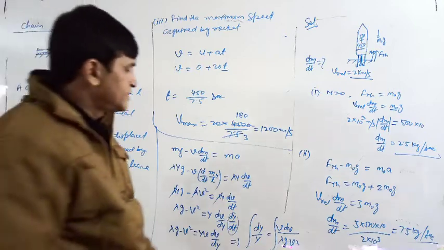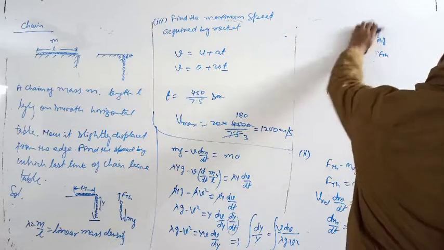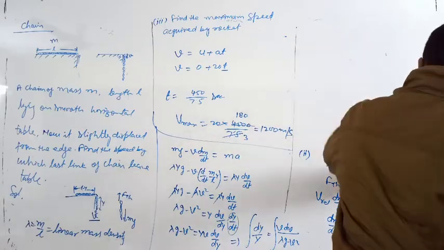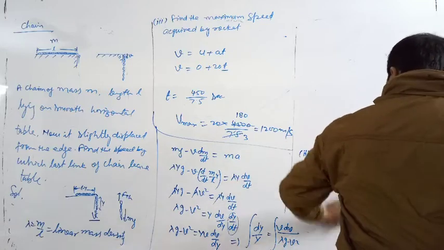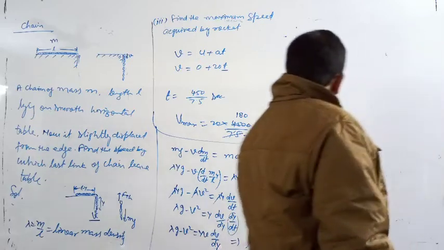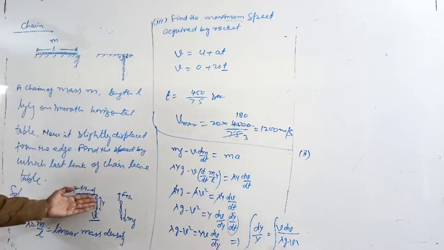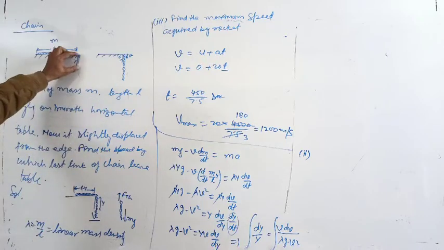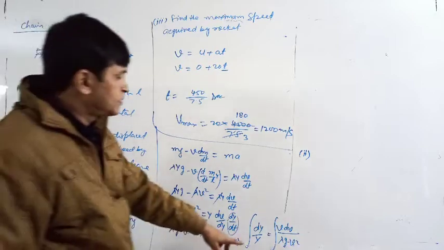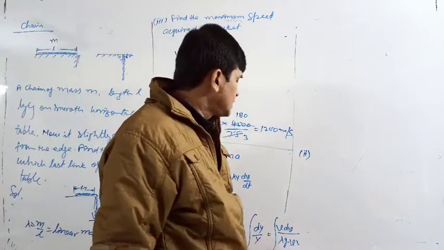Now simplify. The range of y: earlier the suspended mass was 0, so the limit is 0 to, and finally the length L, so 0 to L. Initial velocity is 0.